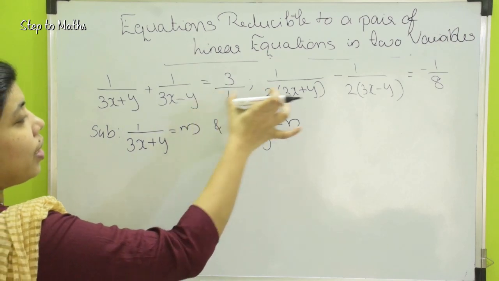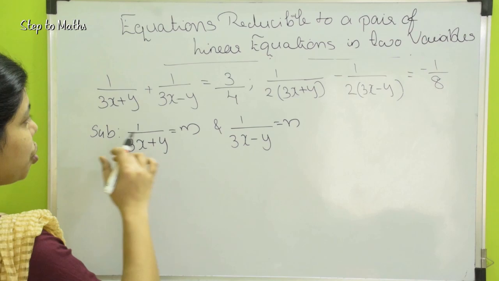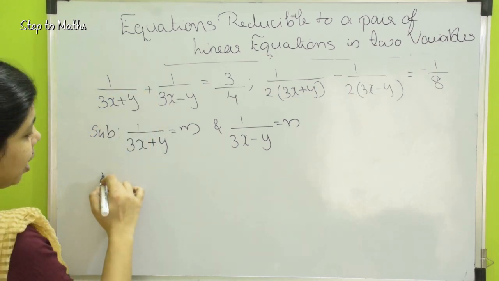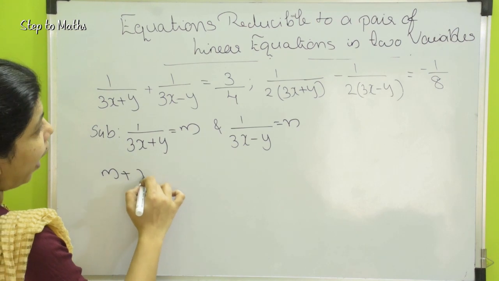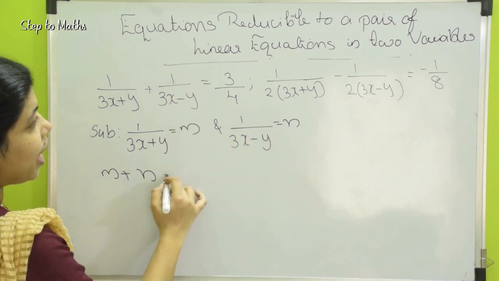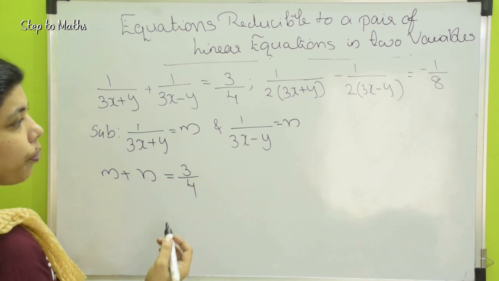Now how can we rearrange the two given equations after this substitution? 1 upon 3x plus y is m, plus 1 upon 3x minus y is n. So m plus n is equal to 3 upon 4.